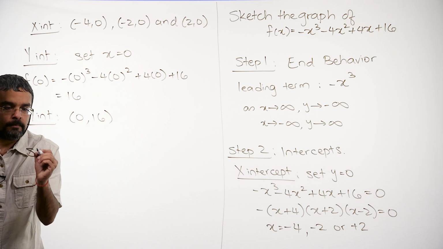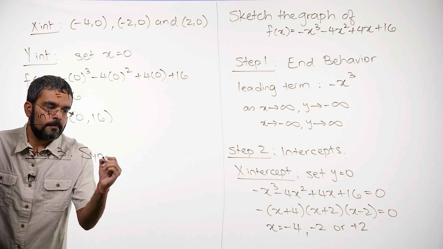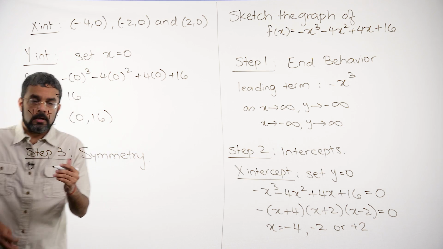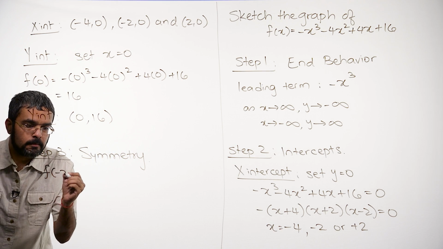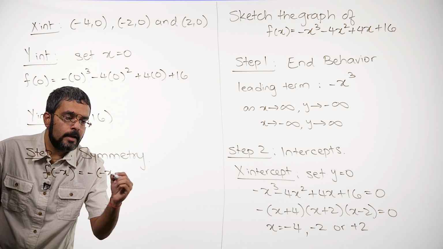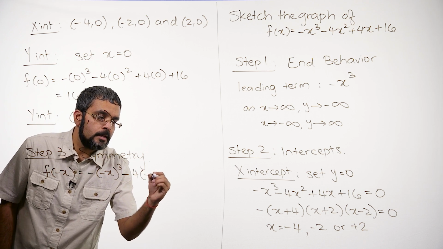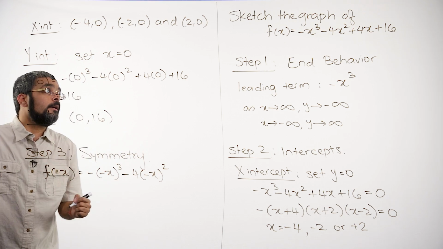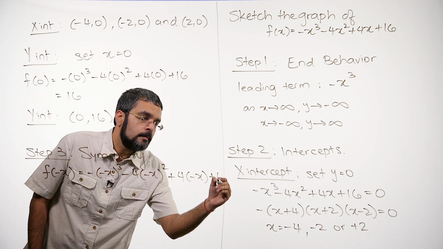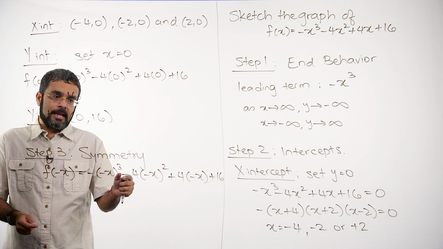Step 3 is symmetry. So what do we do here? We take f of negative x, and that is going to be negative of negative x cubed, minus 4 times negative x squared, plus 4 times negative x, plus 16. Basically, I replaced all the x's by negative x.